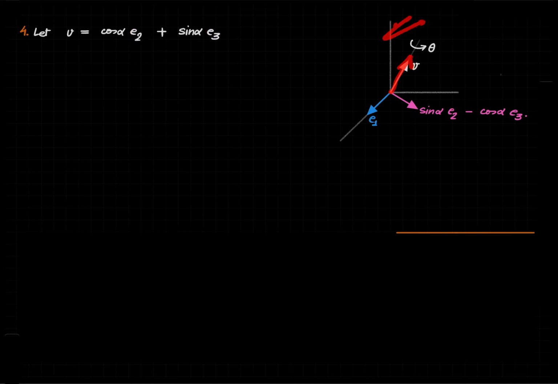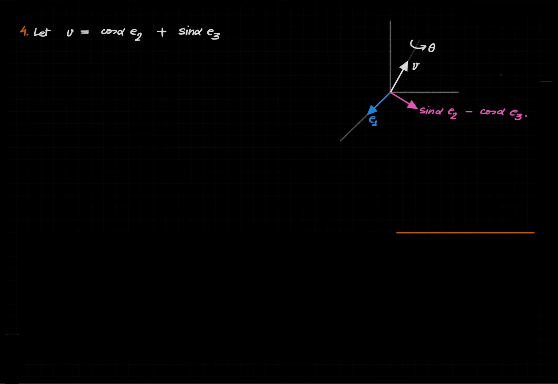So it is in this two-dimensional plane, the plane of E2 and E3, but it is tilted. And we would like to write down the matrix of R theta V with respect to the standard basis, right? That is one way to understand what the linear map really is. Just write down its matrix representation with respect to some nice basis. Okay, so that is what we are going to do in this particular slide.